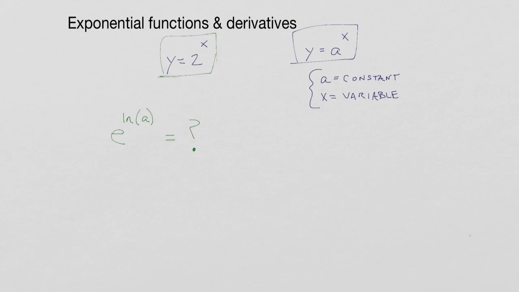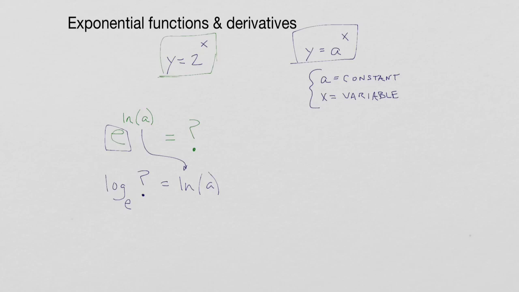Currently, it's in exponent form. You've got some base raised to some power, but I can put this into log form by writing log to the base of, or log base e of question mark, that's the old output, which is now the input, of ln of a.